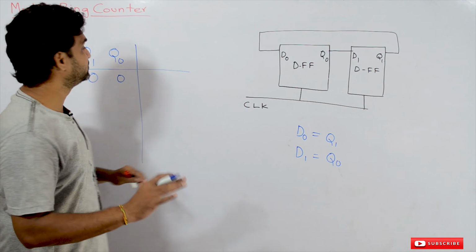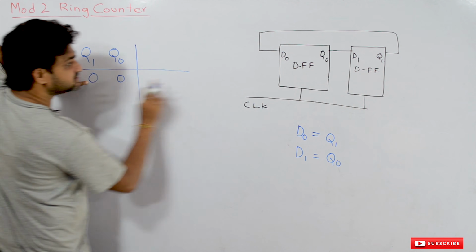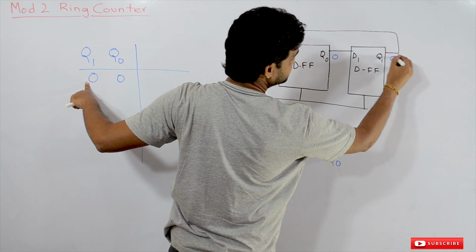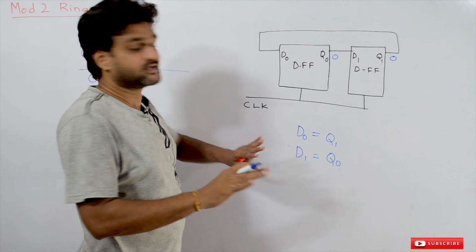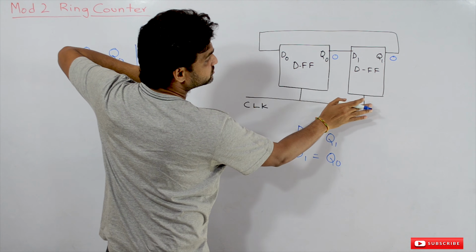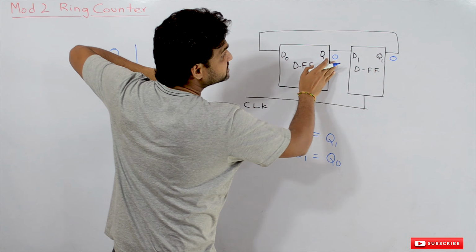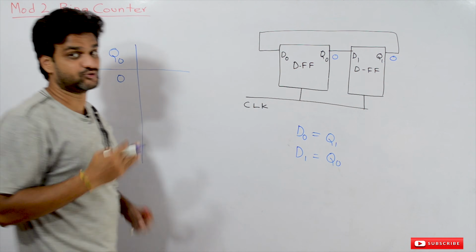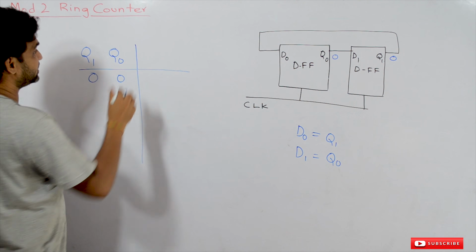What I mean to say is, for example, if 0 is here and 0 is here, this is the present state, right? Whenever the clock is provided to this circuit, how will these states change, what is the next state going to be? That we are trying to analyze.